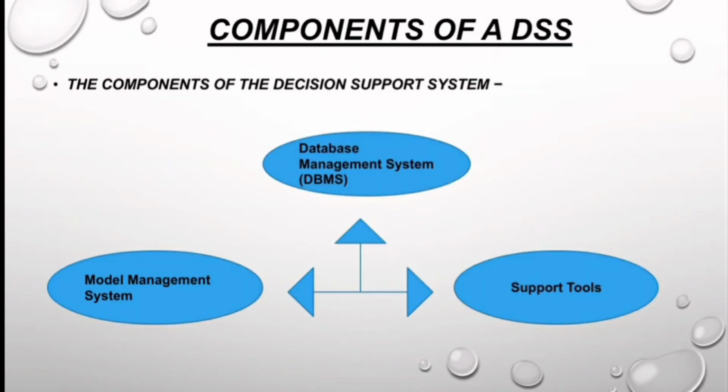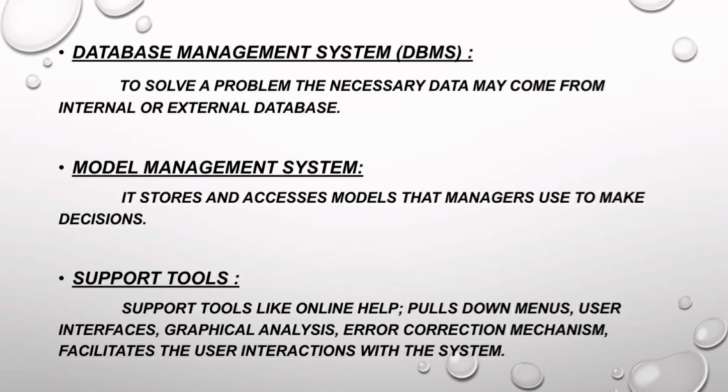Components of the decision support system. The components of the decision support system are divided into three categories. The first, database management system, DBMS, then model management system, and support tools. Database management system, DBMS, in which we can solve the problem. The data may come from internal or external databases.